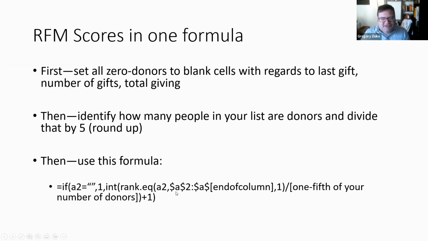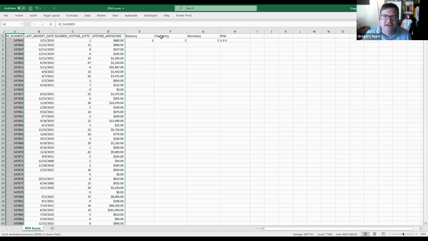Then you're going to use this kind of scary looking formula, but I'm going to go through it piece by piece. I use A2 just to denote what column you're first using. In this case, it would be B2. I'm just using A2 as a placeholder.